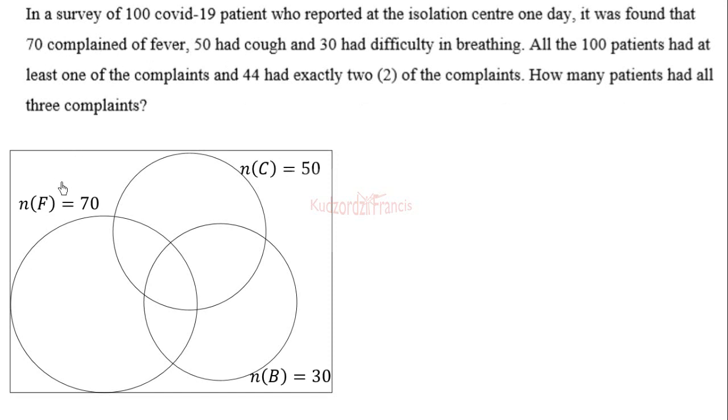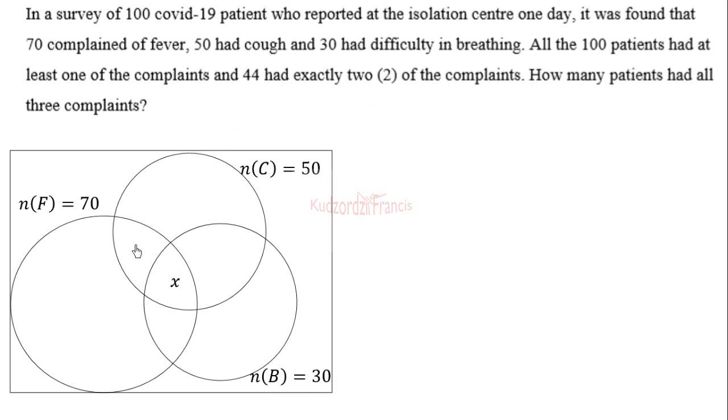So fever F, cough C, and those who had difficulty in breathing is B, which is 30. Now we're also told that all the 100 patients had at least one of the complaints, meaning that this intersection is not 0, so we represent it by X.